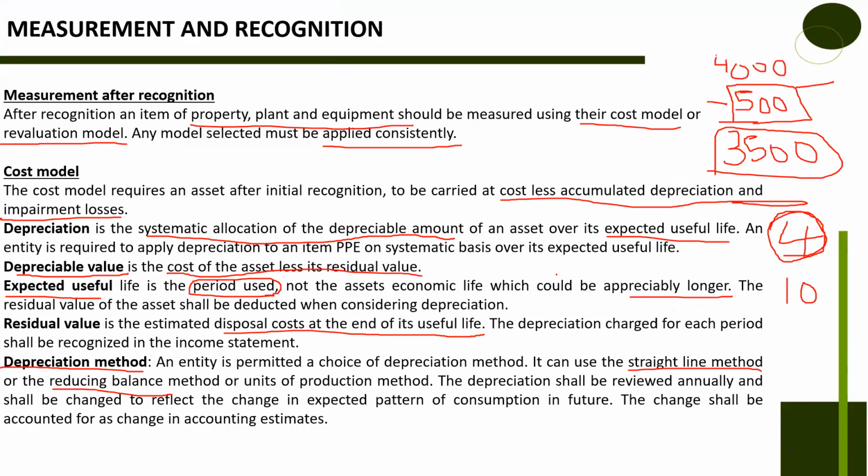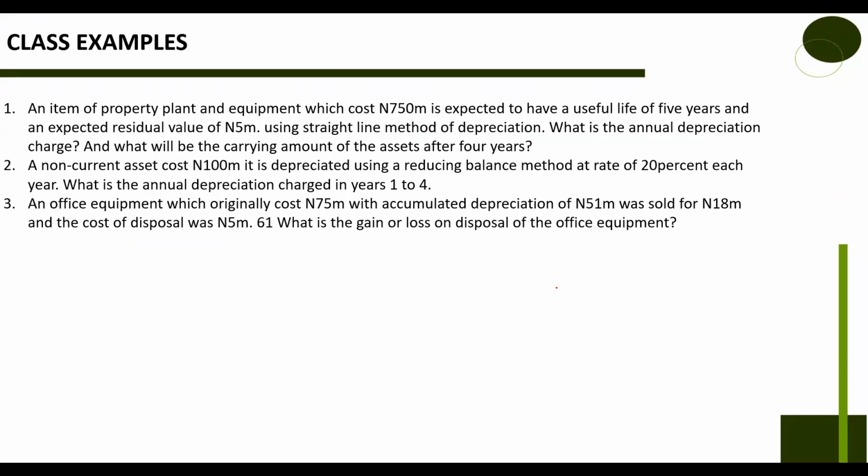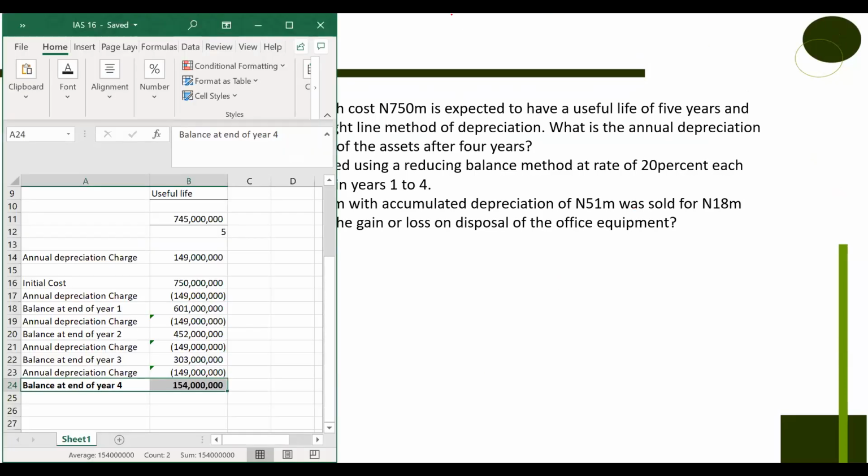Let's look at another question, so that we can finish depreciation and move on to some other things. So let's look at the second question. Okay. So let's bring this down so that we can write the information.